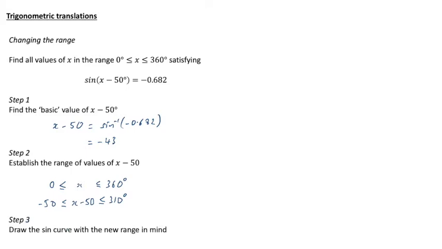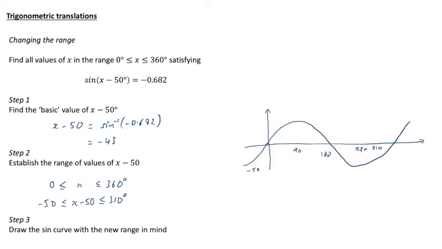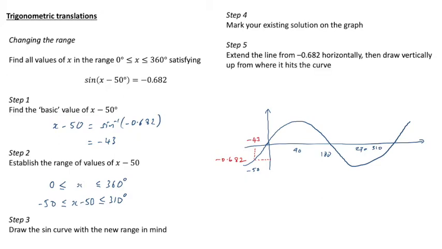So, step 3, we would draw the sine curve with the new range in mind. And there it is. Step 4, we'd mark our existing solution as we did before. So that's at minus 43, and we're going across from minus 0.682. Then we would extend that line and draw vertically up from where it hits the curve.